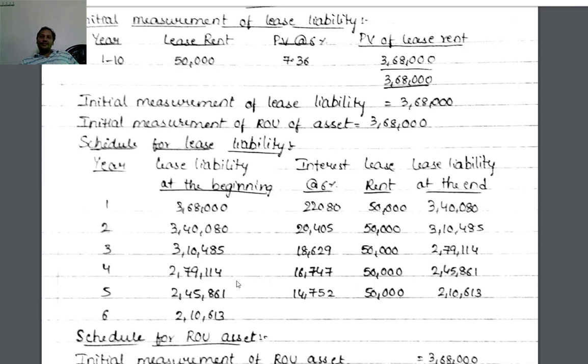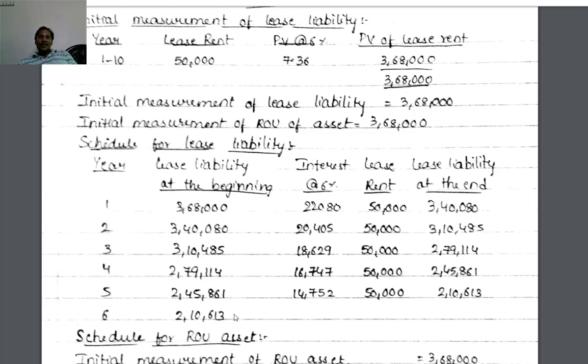Then liability at the beginning of fifth year 2,45,861. Interest at 6%, 14,752. Lease rent payment 50,000. Liability at the end 2,10,613. That is 2,45,861 plus 14,752 minus 50,000.